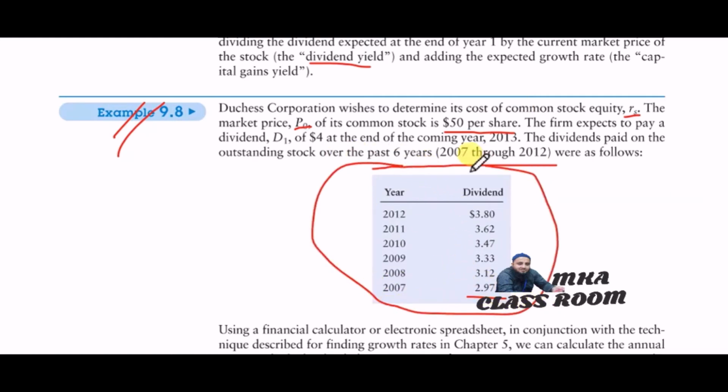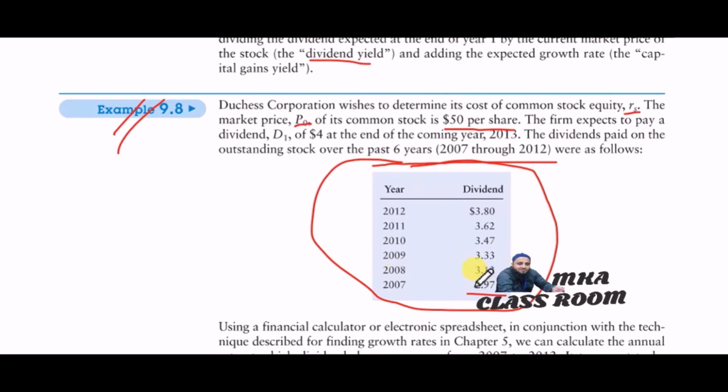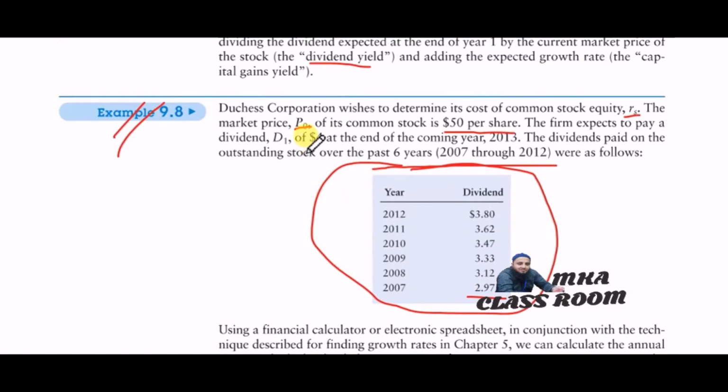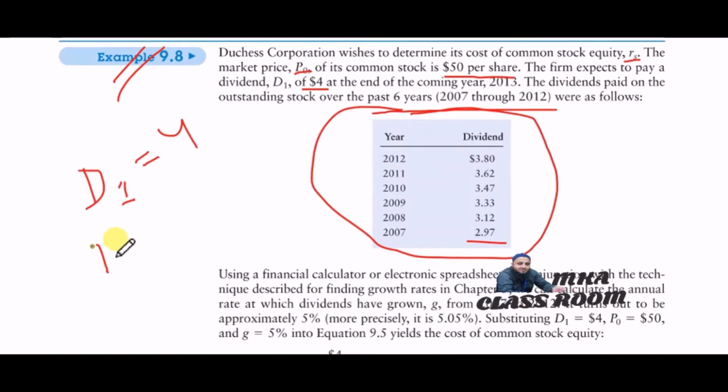Then at first you have to find out this growth rate. It is easy to calculate. The expected dividend is 4. That means D1 is given as 4, and it comes from D1 equal to D naught into 1 plus G power 1. Here the growth rate is unknown.